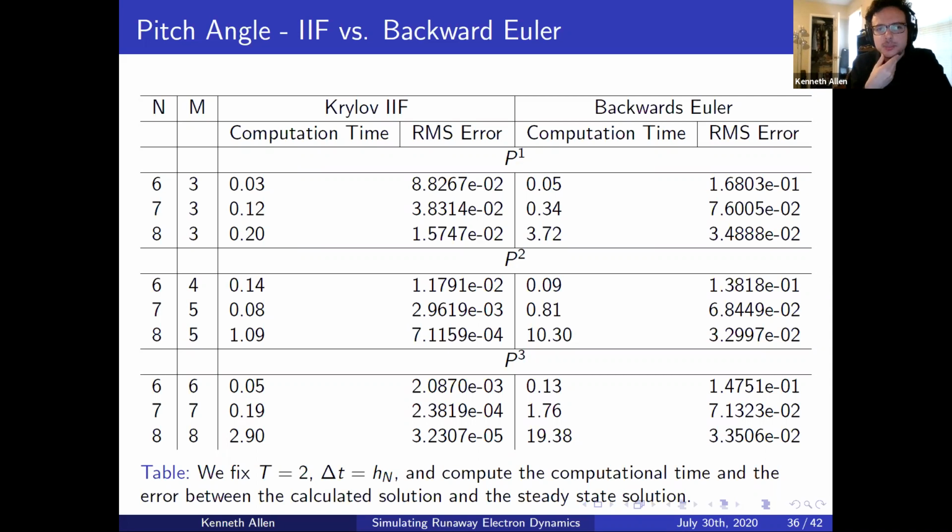But it may also be that we need to choose M to be very large in order to get an accurate approximation of this matrix exponential. So yeah, those could be some difficulties.